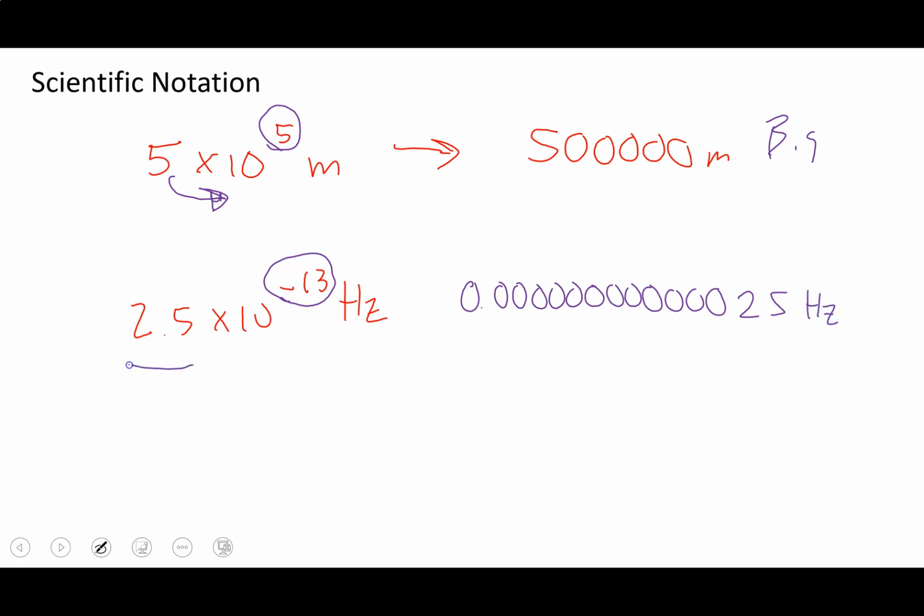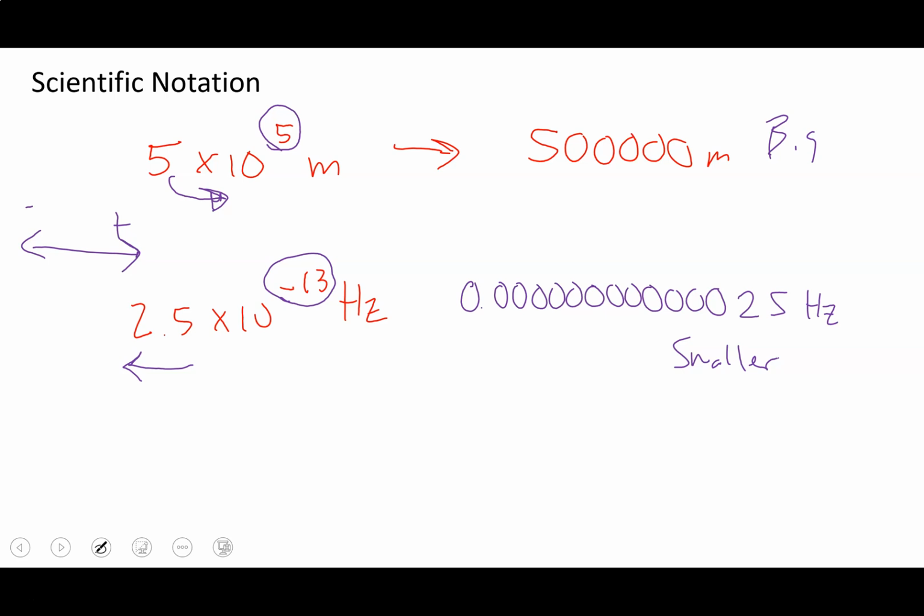So we're shifting the direction this way. An easy way to think about this is that going this way on the number line is always positive and going this way is always negative. So we're shifting the decimal to make something smaller, or shifting it to make something bigger. That's how we handle scientific notation.